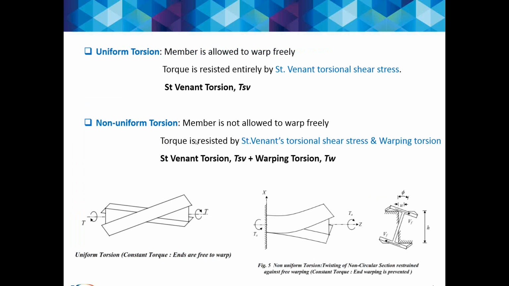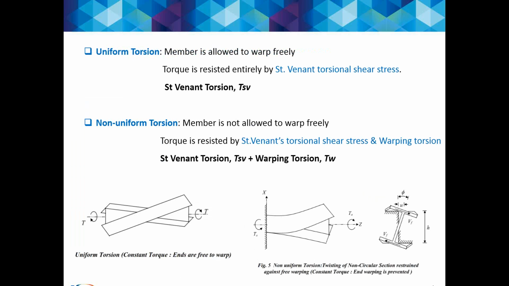Before I show you the program, I would like to explain in a little more detail the warping torsion for better understanding of the program results. Torsion can be classified into two, uniform torsion and non-uniform torsion.